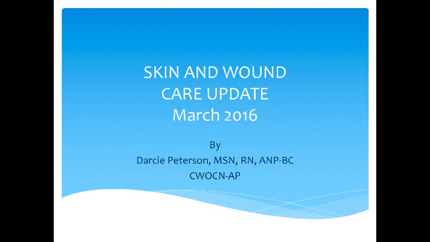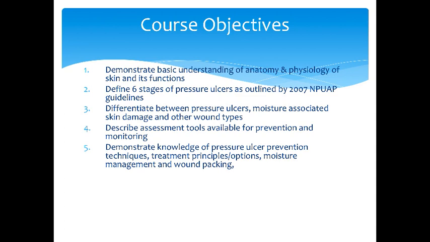So we have some objectives here. This is just a basic overview, but a basic understanding of the anatomy and physiology of skin. I also want to go over the 6 stages of pressure ulcers. I want to differentiate between pressure ulcers and moisture-related skin damage and other wound types, because sometimes there's a lot of confusion.